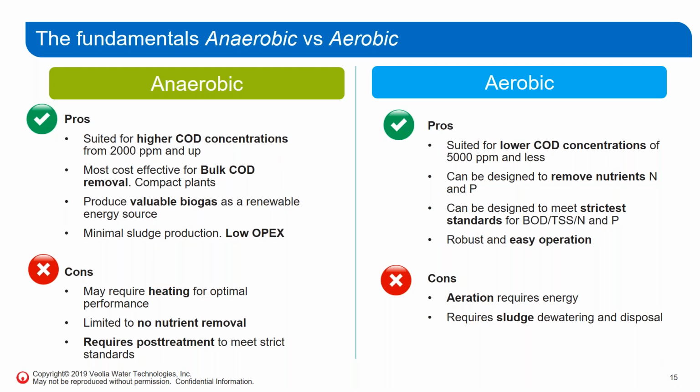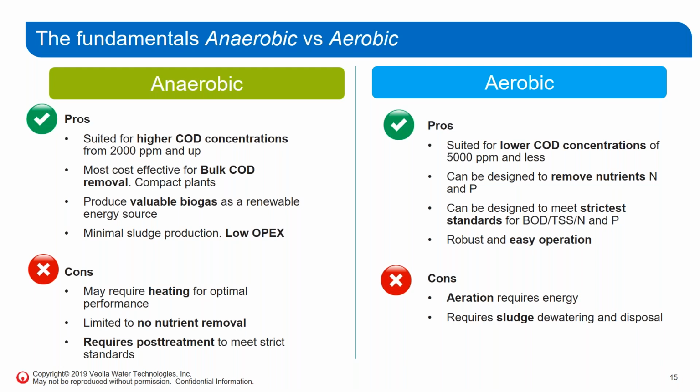So anaerobic treatment is typically applied for wastewaters that are higher in COD concentrations. Aerobic treatment can be applied to also lower COD concentrations. So there's a niche for both of these technologies. Anaerobic treatment will typically very cost effectively remove bulk COD in a very compact plant.